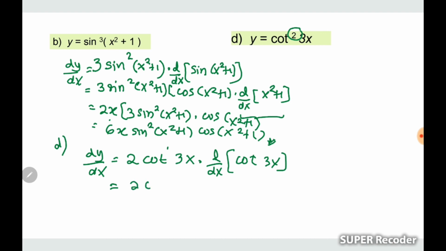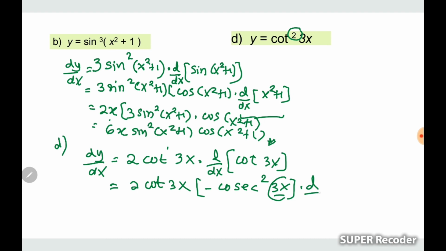So 2 cotangent 3x. Differentiate cotangent, the answer is negative cosecant squared 3x. Just follow: when u is 3x, here also 3x. Make sure we haven't finished yet, right? So you have to differentiate 3x.